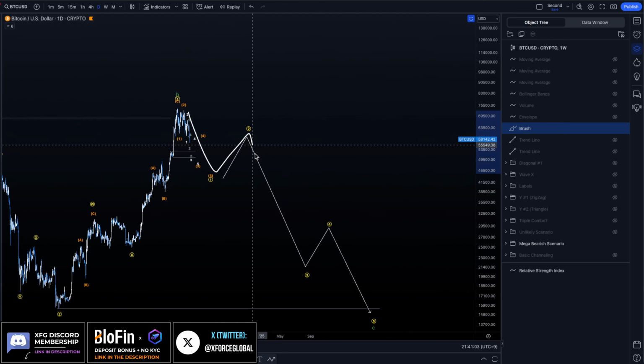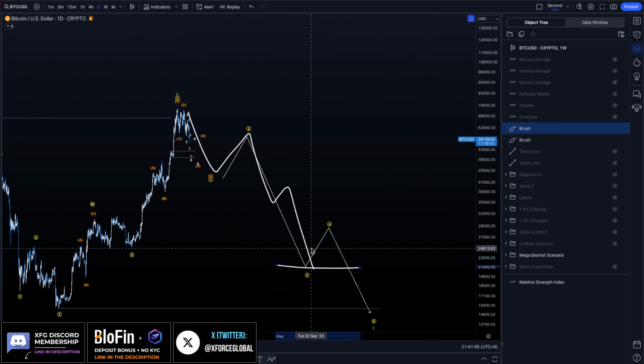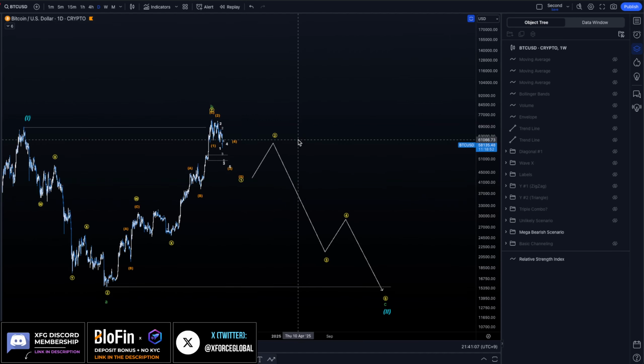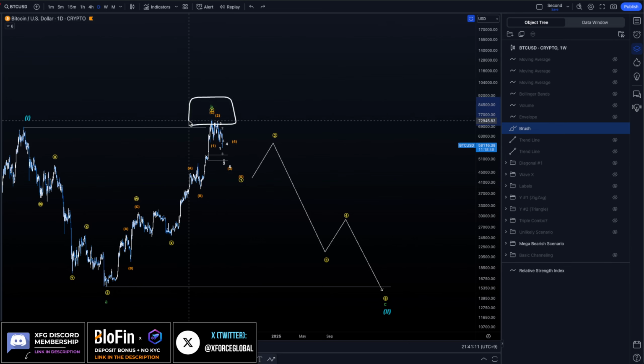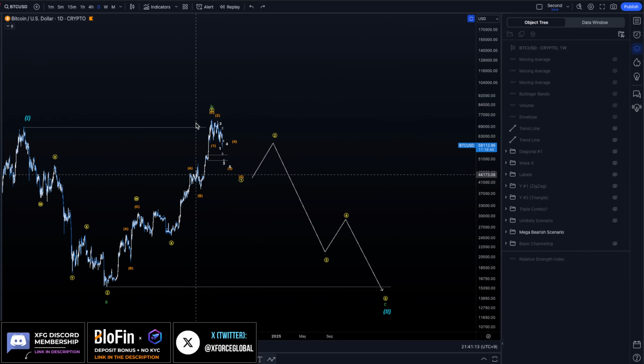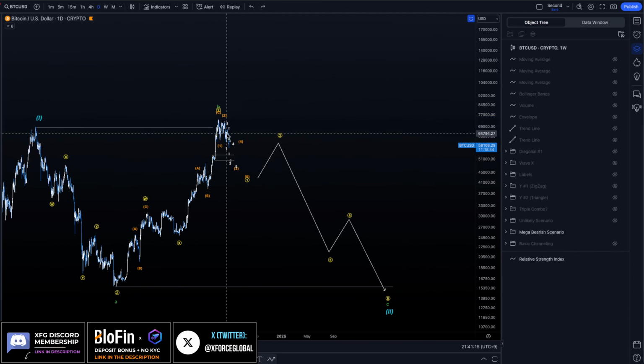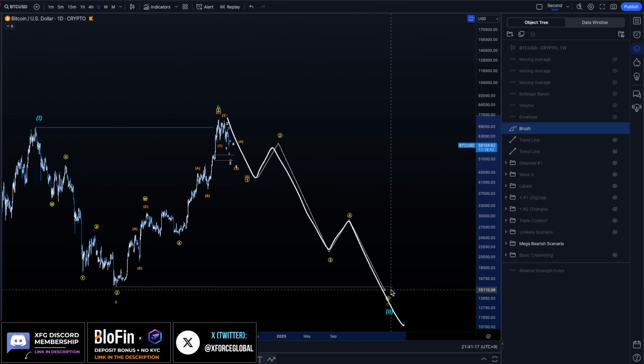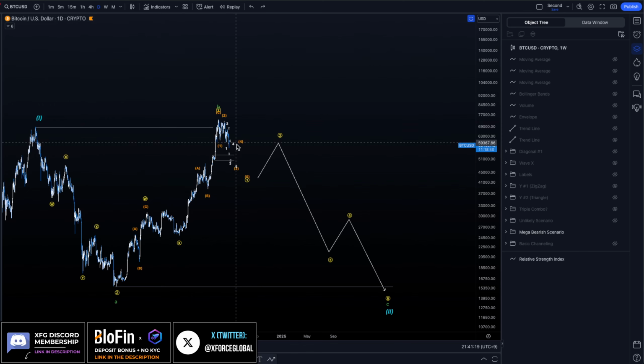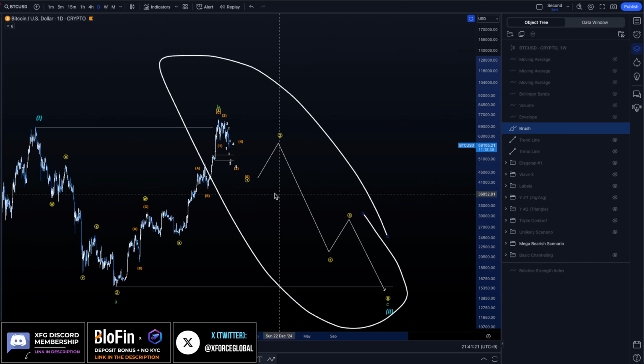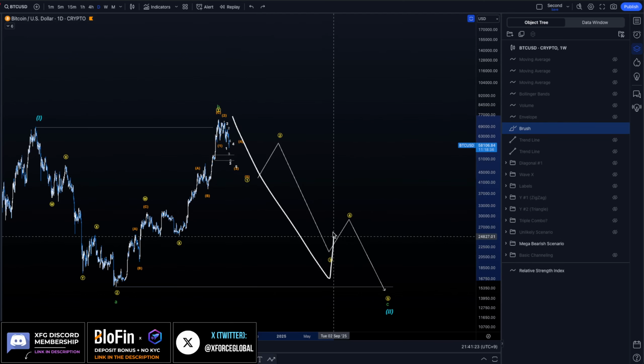Whether this is going to be 1, 2, 3, 4, 5 as a running flat, it could be going into an expanded flat as well, since the B wave has reached that 101% up until any point of the 138%. I like this idea of the expanded flat as a 5 wave move down, and all together this is going to be the ultimate bearish scenario where we just get rejected completely and come back down.